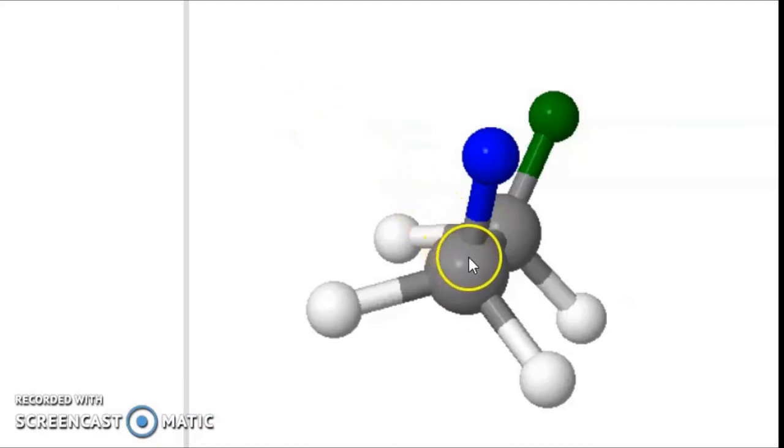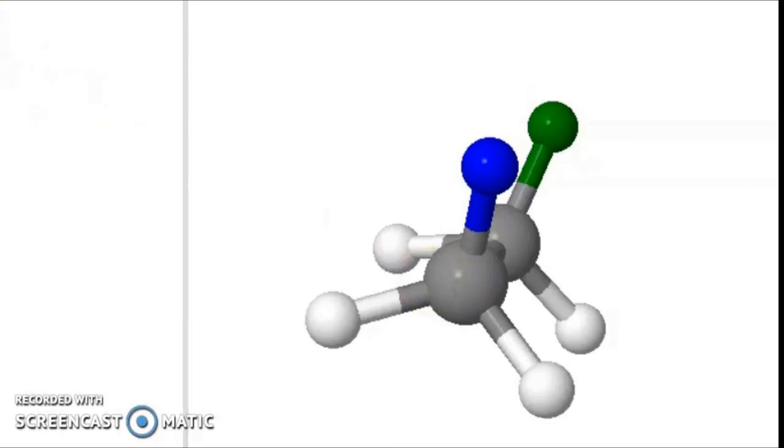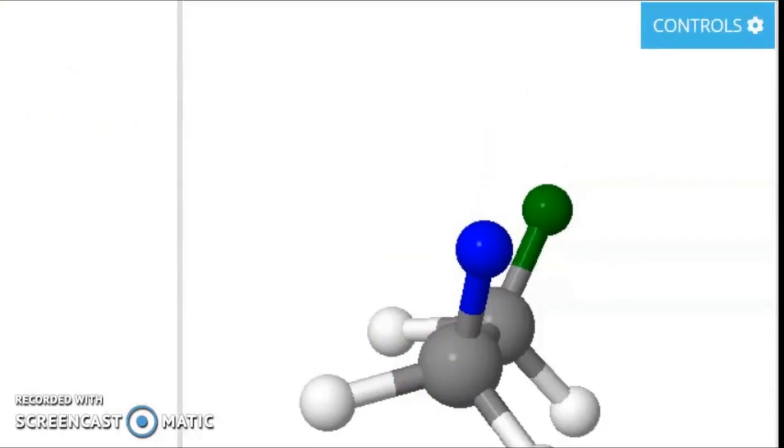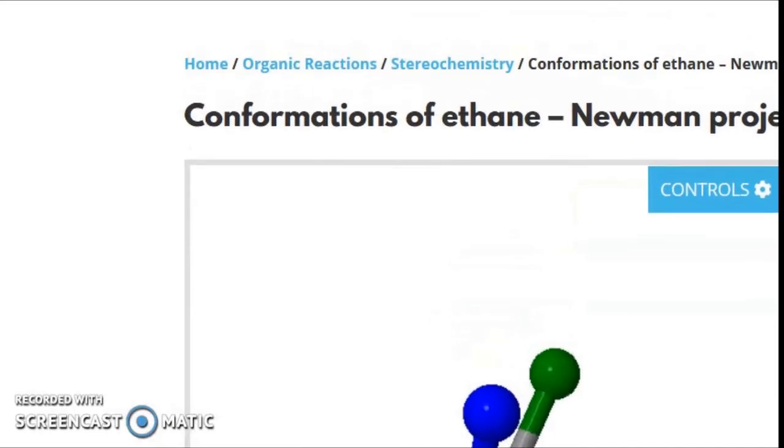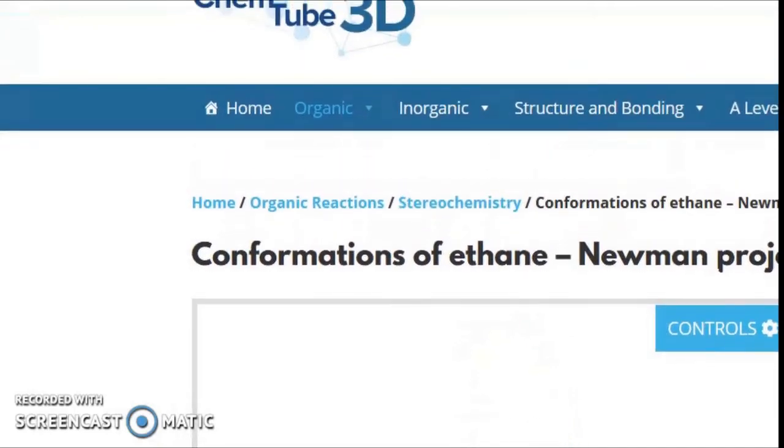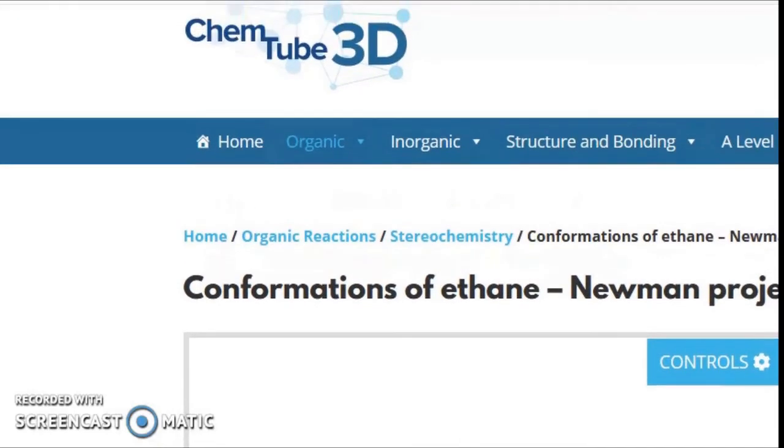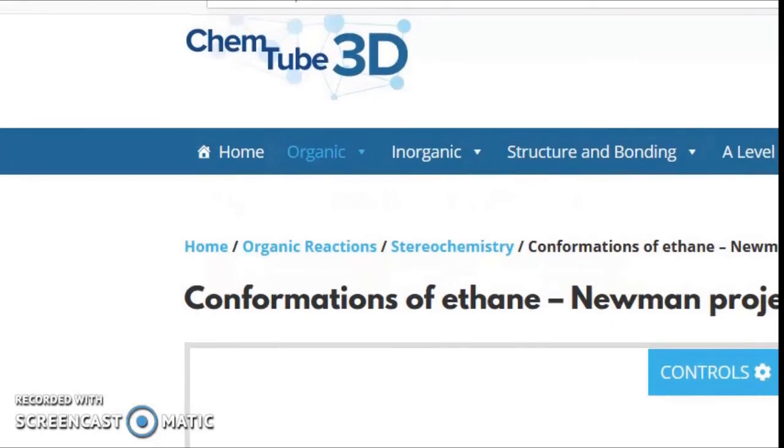Now, to understand the conformational analysis of ethane molecule, I am taking the help of a ChemTube 3D website, which gives us the structure of molecules in three dimensions. Okay, they explain the reaction structure of molecule using 3D models.